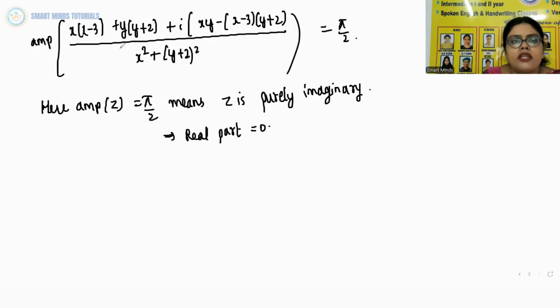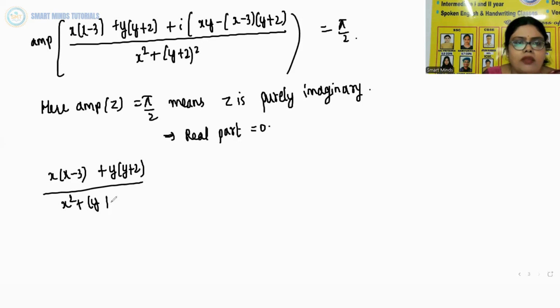So what is the real part from this above statement? [x(x - 3) + y(y + 2)]/[x square + (y + 2) whole square] is equal to 0. So if you cross multiply, you get x(x - 3) + y(y + 2) equals 0.